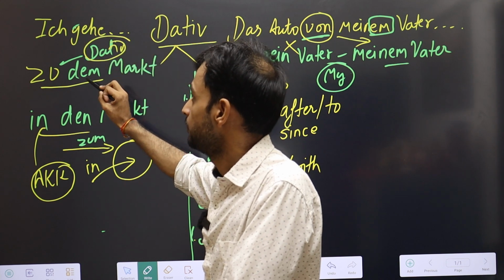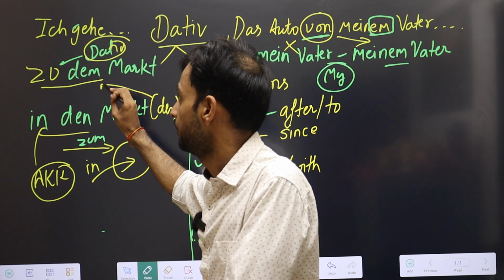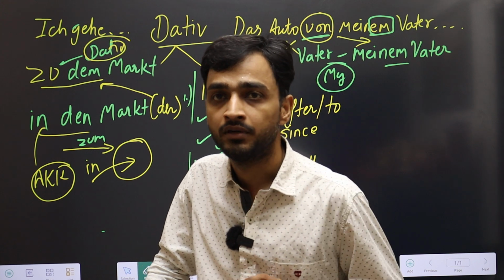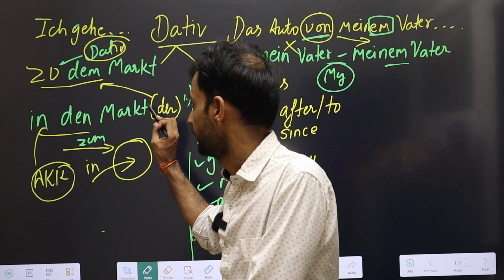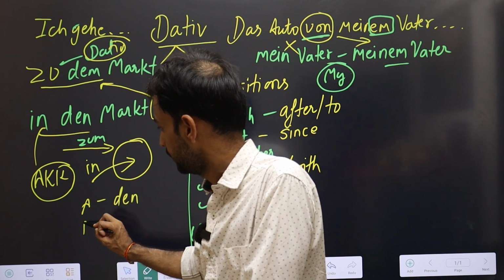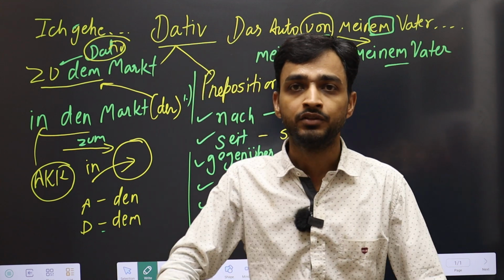So in dative we have to change the article. Der Markt becomes dem. Der Markt becomes den in accusative. Okay, accusative den, dative dem. This you need to note down.